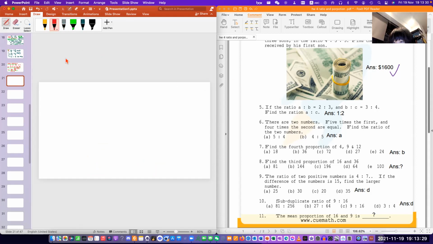So for this question, AB is 2 to 3, and then BC is 3 to 4.